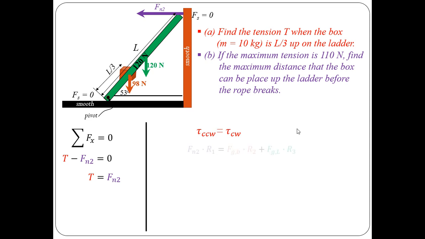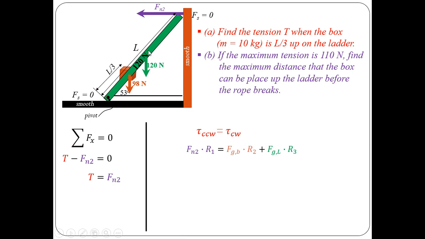So to set up torque, again, all you have to do is identify what force is causing what. So here's your pivot at the bottom of the floor. If you can visualize now taking the wall away, okay, you have to be able to visualize. If I remove this wall, the weight of the box is naturally going to cause the ladder to rotate in a clockwise direction. The weight of the ladder will also cause it to rotate in the clockwise direction because it's being hinged, aka pivoted, right there.